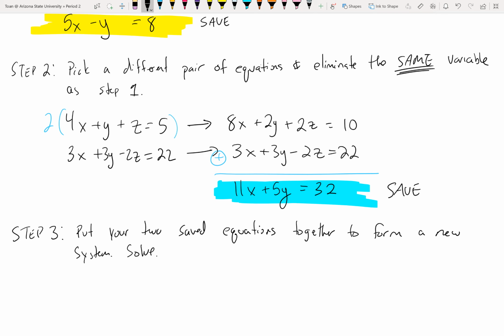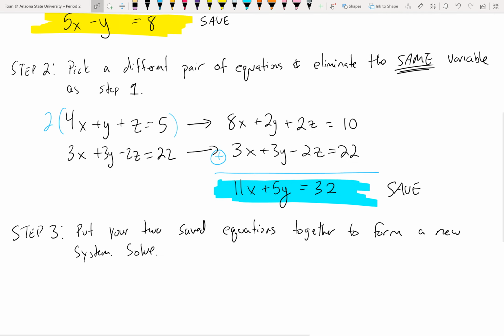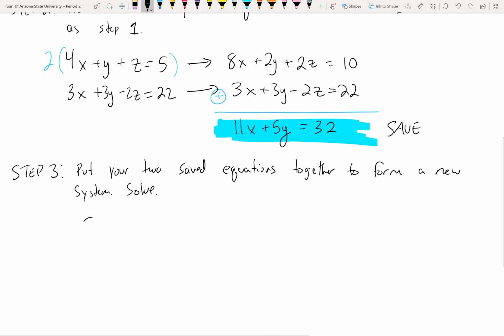And this system should look a bit more familiar to us, that will allow us to solve it completely. Right? So my yellow saved equation was 5x minus y equals 8. My blue saved equation was 11x plus 5y equals 32.